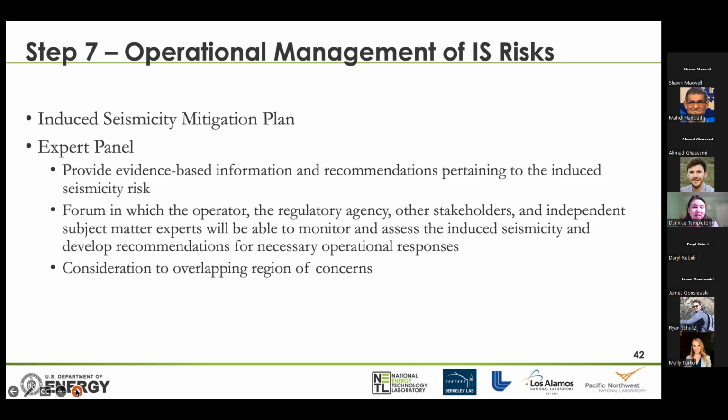And this is especially important when we have overlapping regions of concern. If one operator is injecting in a certain area, but the region of concern overlaps with another operator, how can we facilitate the communication, collaboration, and flow of information?